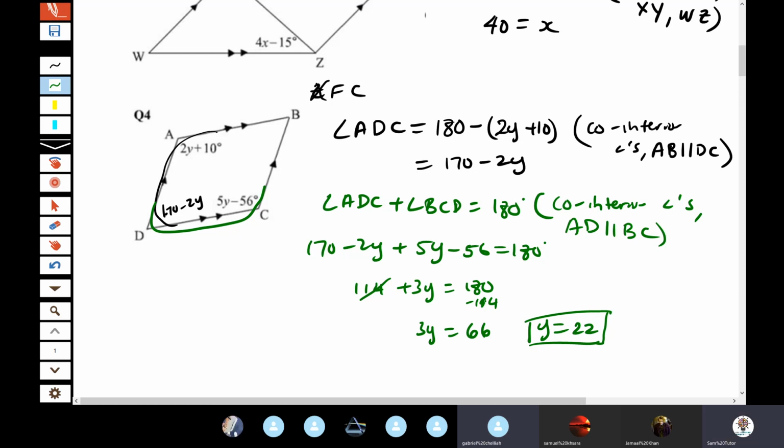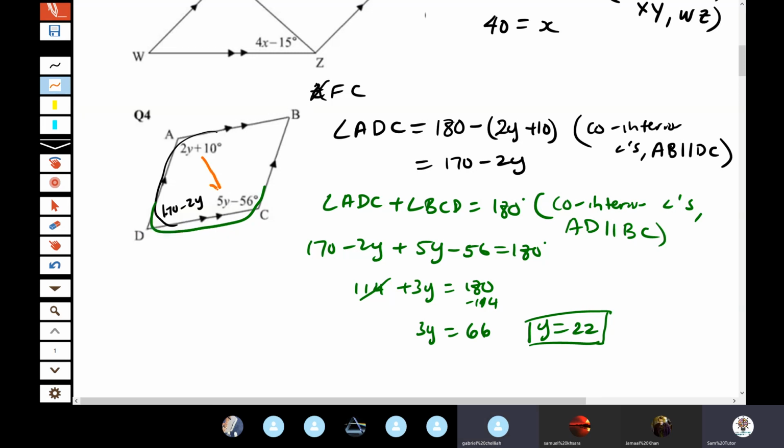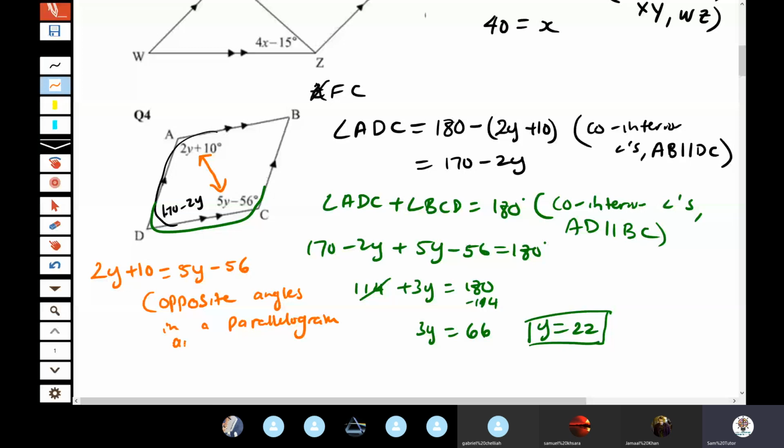Now, just for you guys, for the ones that want to learn it, these two actually are equal to each other. And the reason is something we haven't spoken about. Opposite angles in a parallelogram are equal.